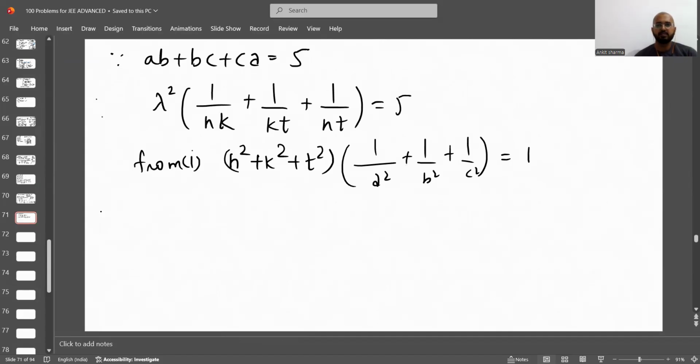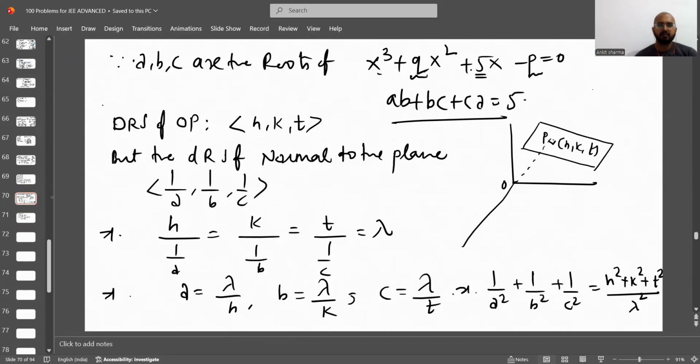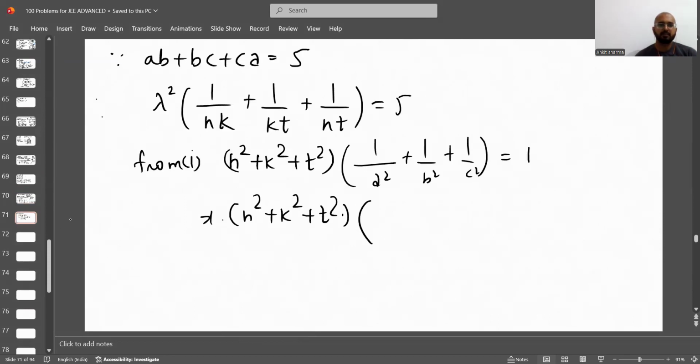And now we have found that this is nothing but H square plus K square plus T square by lambda square. So H square plus K square plus T square by lambda square is equal to 1.